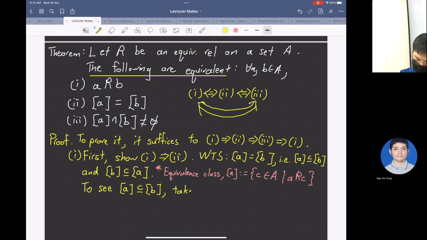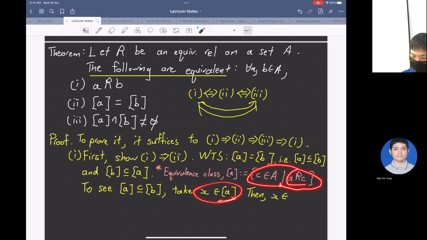Take an element in one side. You need to show that it's an element of the other side. If X is in the equivalent class of A, that means what?